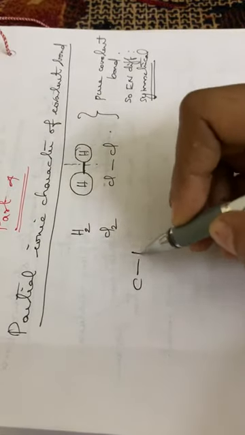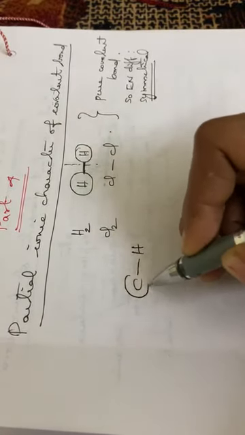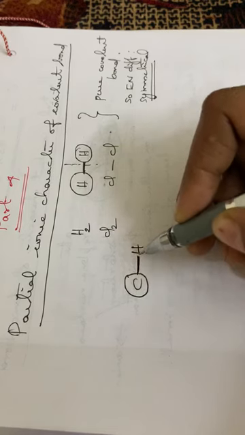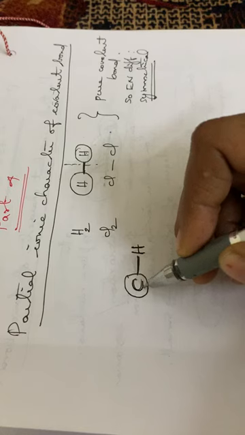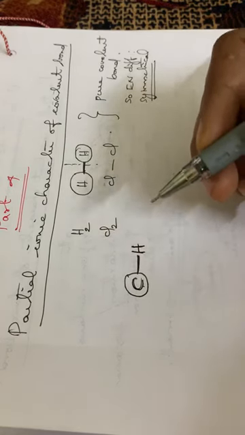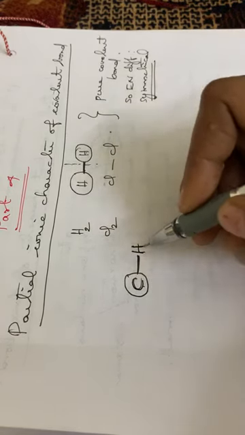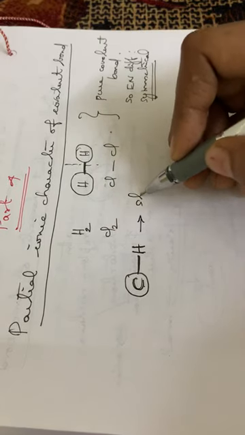But in the case of a carbon-hydrogen bond, the covalent bond is formed between two different atoms, one carbon and the other hydrogen. So here there will be a slight electronegativity difference between the two atoms.